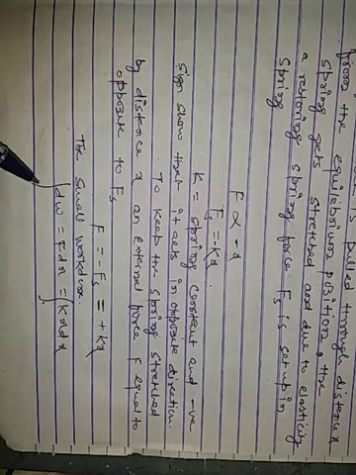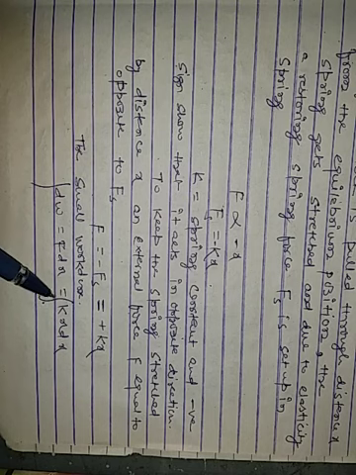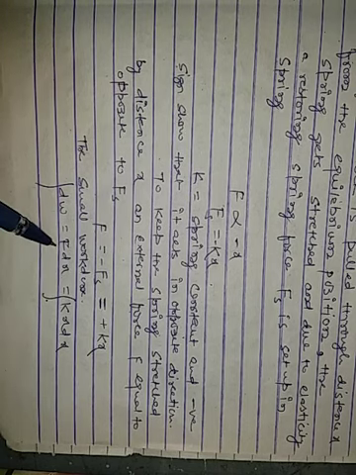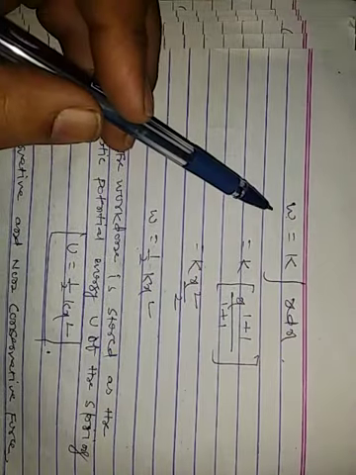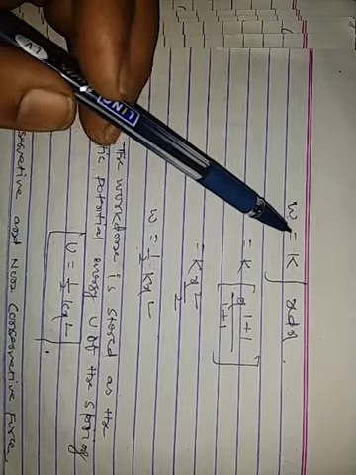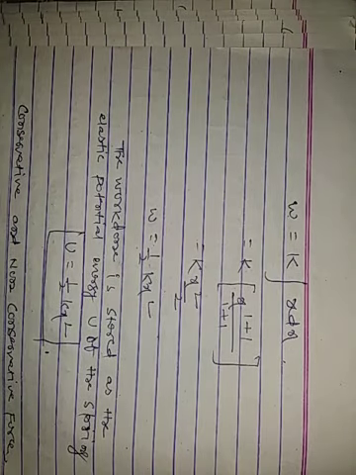The small work done dW is equal to F dx, so in place of F we put kx into dx. Now W is equal to the integral of kx dx. K is constant, so we integrate x dx.